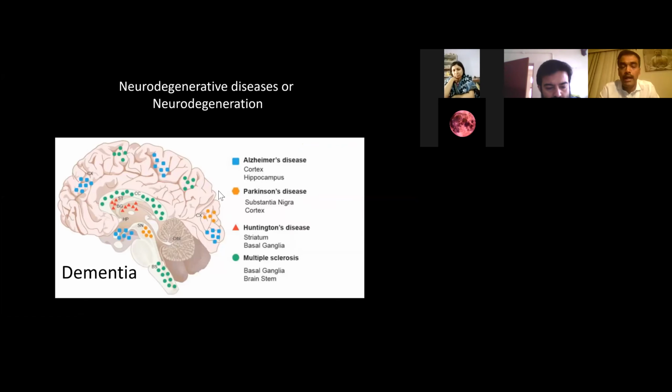As a whole, we call them dementia. Dementia could be because of any of these different diseases, but at the end of the day, when one person has dementia, the most important pathological phenotype is memory loss. Most of the time, the hippocampus is affected, right?